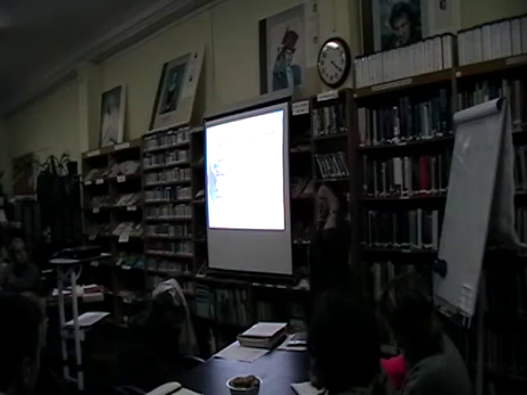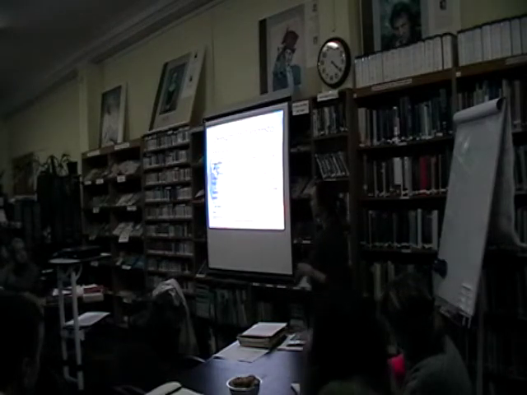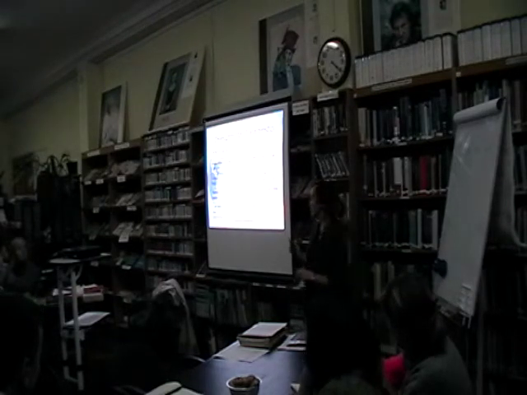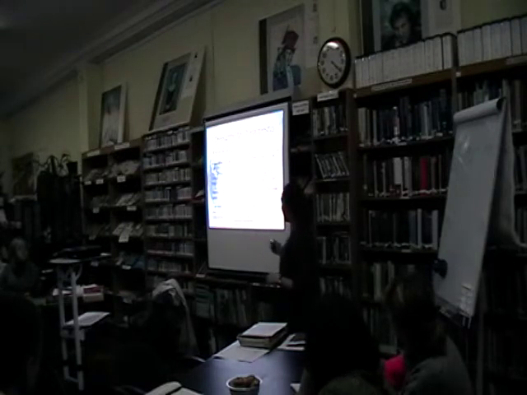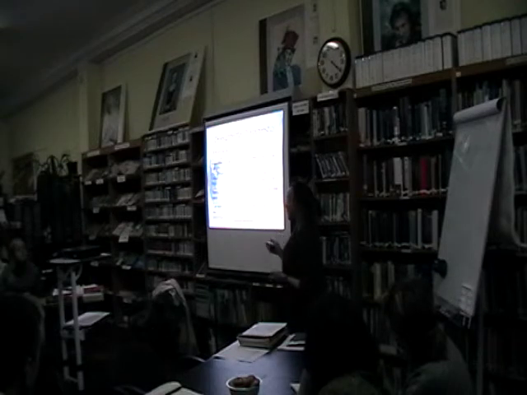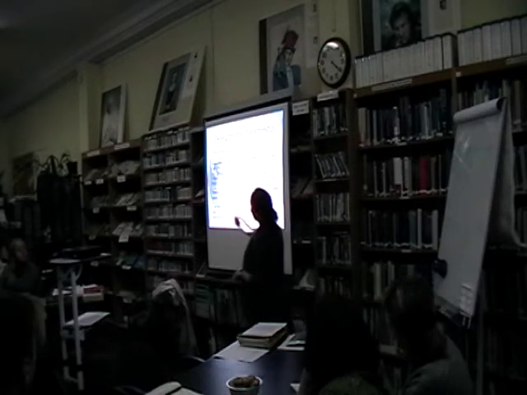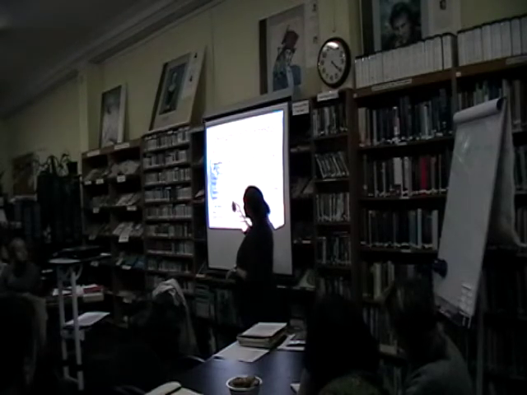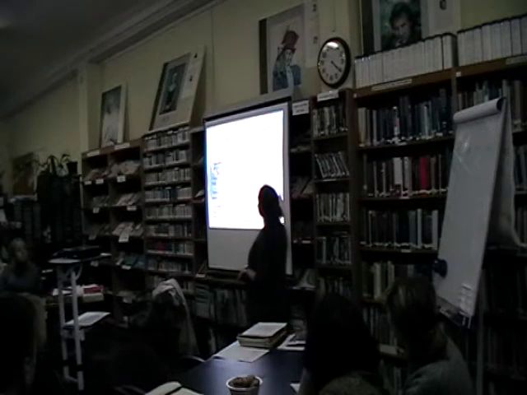So I wanted to just give you a little test. Here is a chart of different activities. What I would like you to do, in groups, is come up with which ones are emotional social, which ones are cognitive, and which ones are physical.